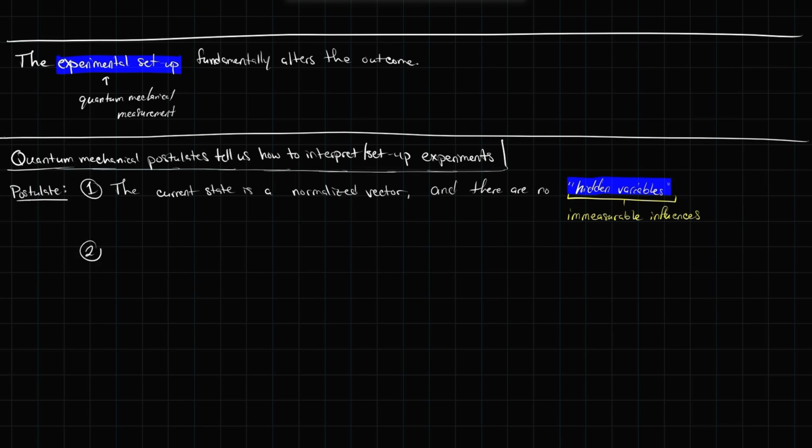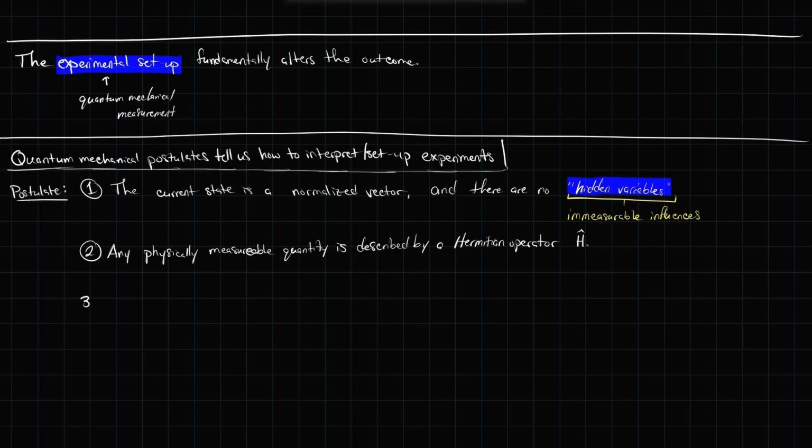The second postulate says that any physically measurable quantity is described by a Hermitian operator. We'll call it H hat here.